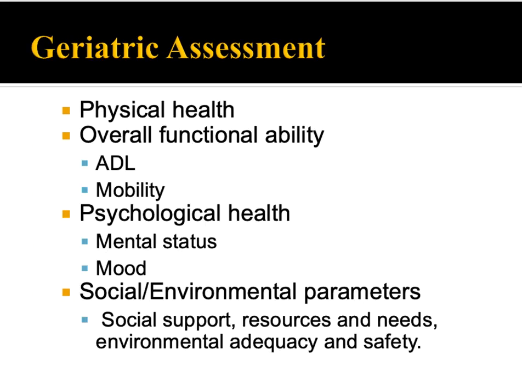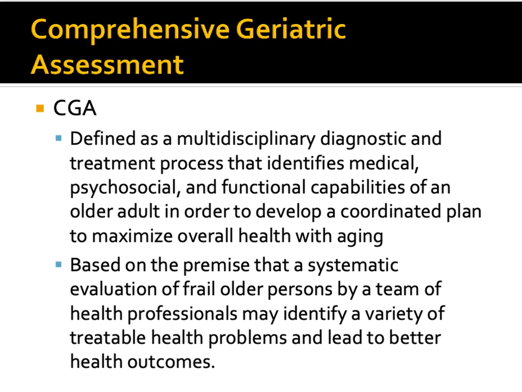And then the geriatric assessment. Some things to consider go along with what we had talked about earlier, so I'm not going to spend too awfully much on this slide, but just recognizing some of the larger areas: their physical health, their overall functional ability, their psychological health, and social and environmental parameters. Now, there are some geriatric specialists who will do a comprehensive geriatric assessment.